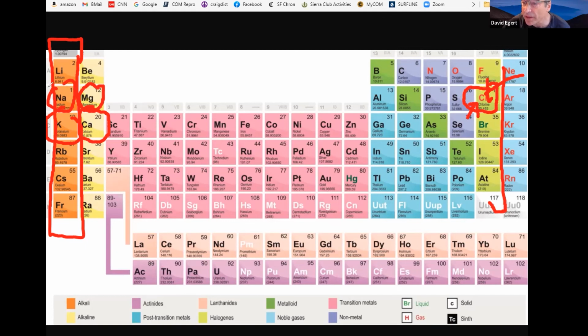So if I have sodium chloride, I am almost sure it is ionically bonded because one thing really wants to give up an electron and the other really wants to grab an electron. Same thing with potassium chloride or lithium chloride. What about calcium chloride?